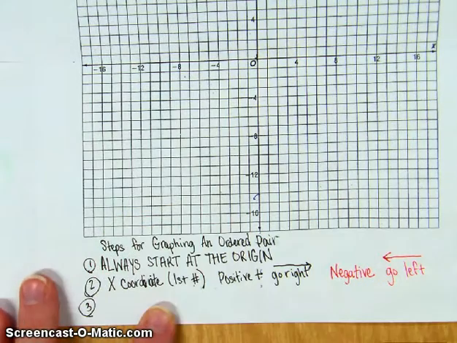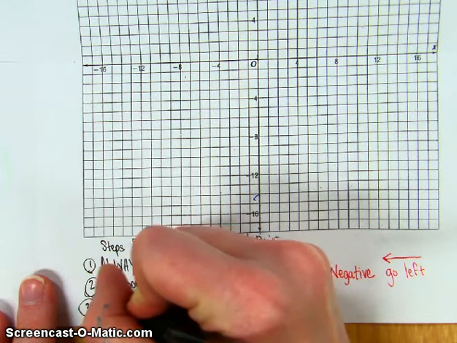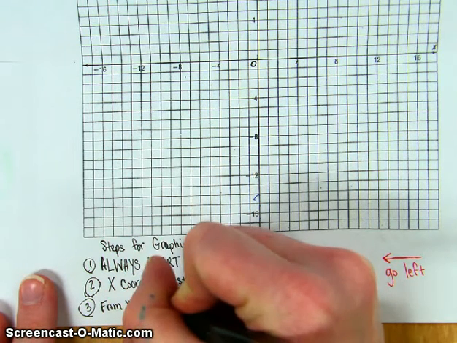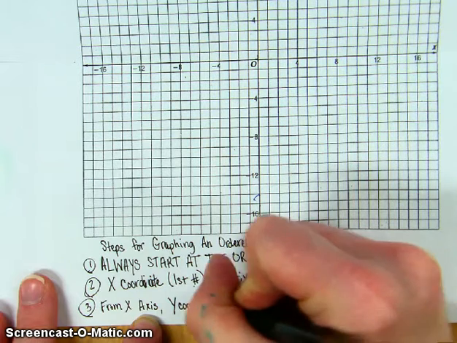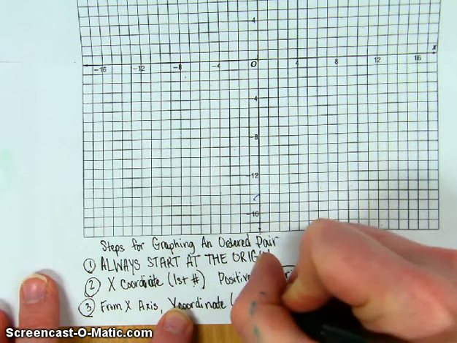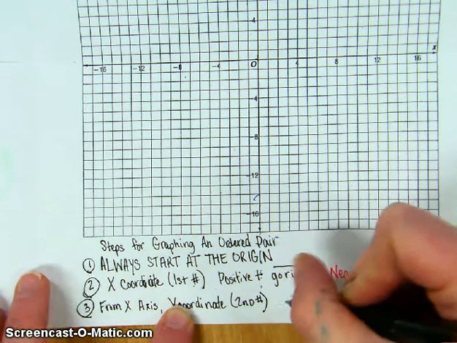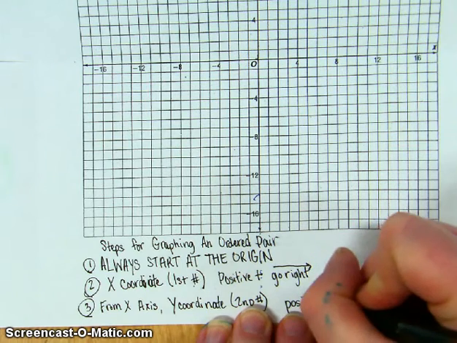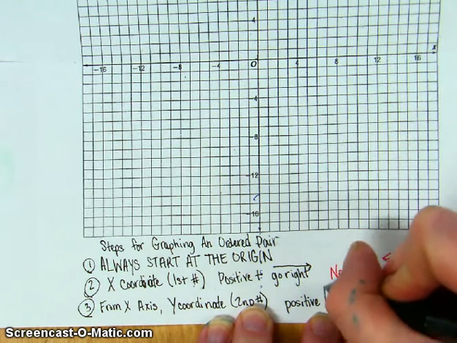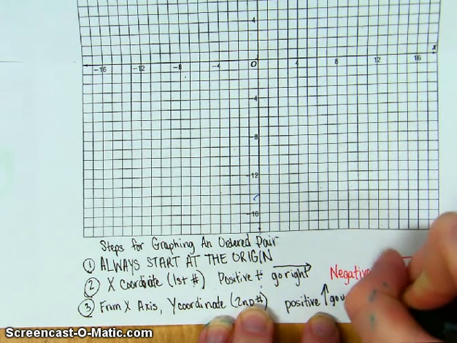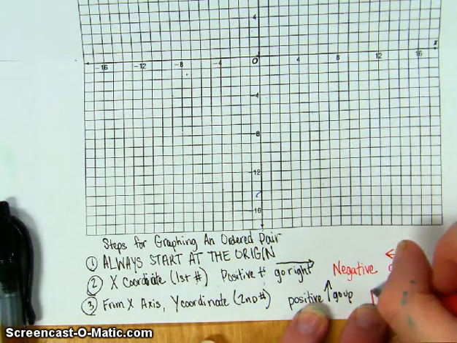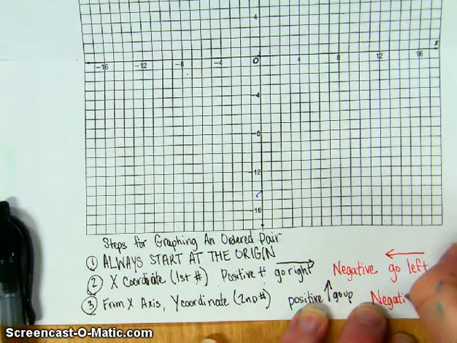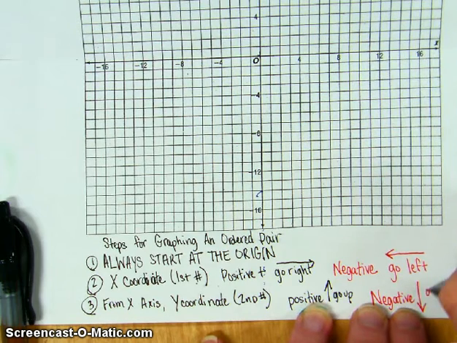Third, after that, you are going to be on the x-axis somewhere. So from that x-axis, the y-coordinate, which is the second number, if it is positive, you will go up however many spaces. And if it is negative, you go down that many spaces.